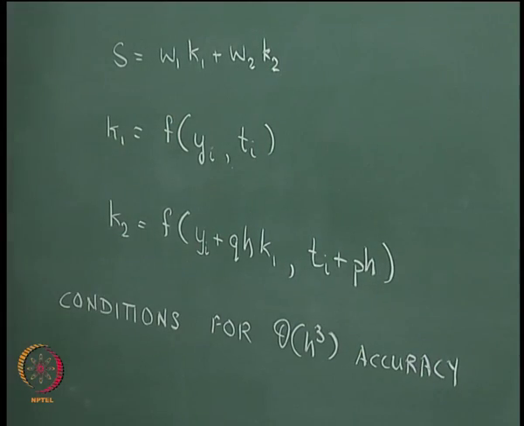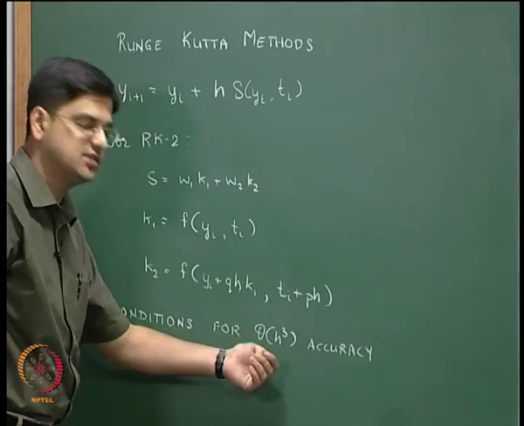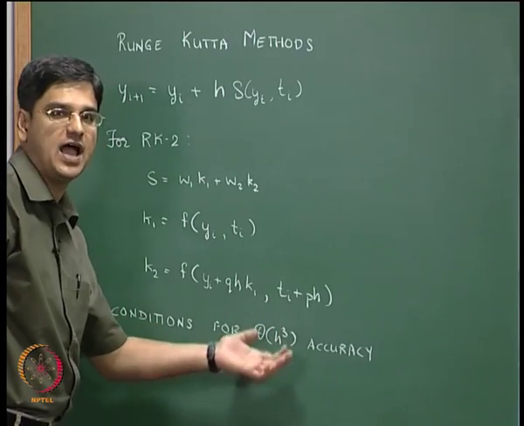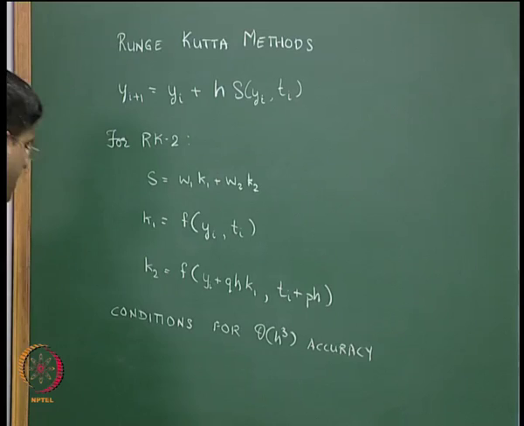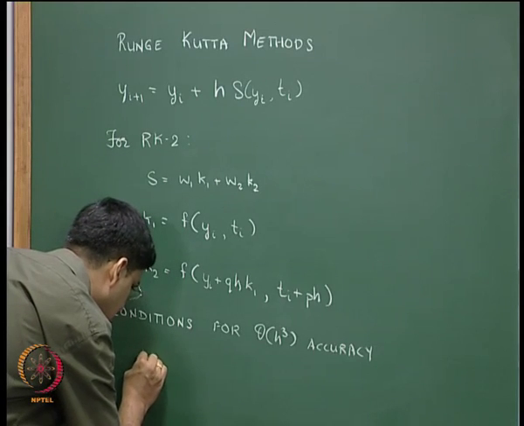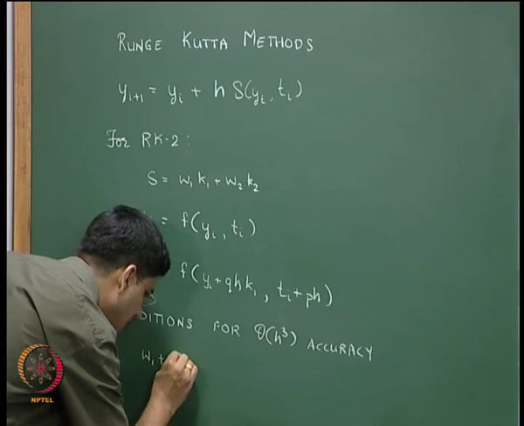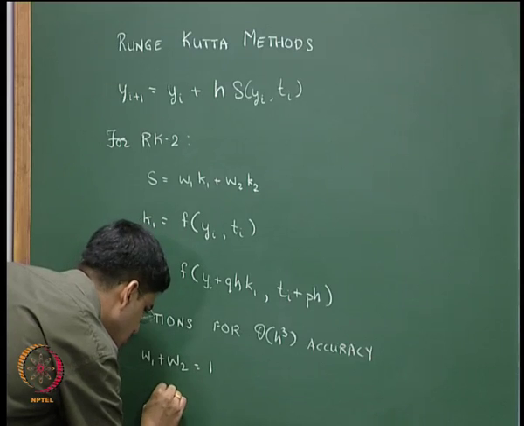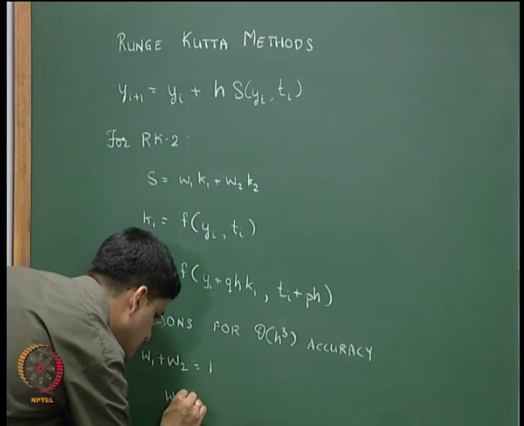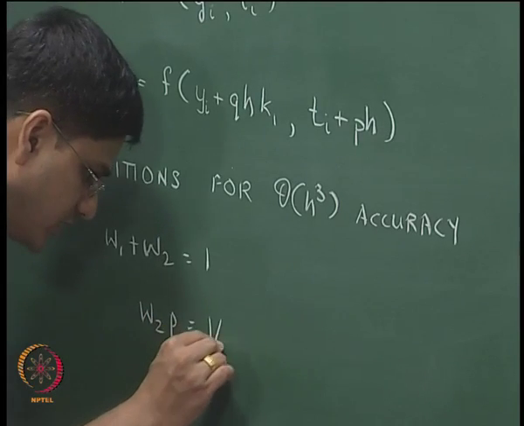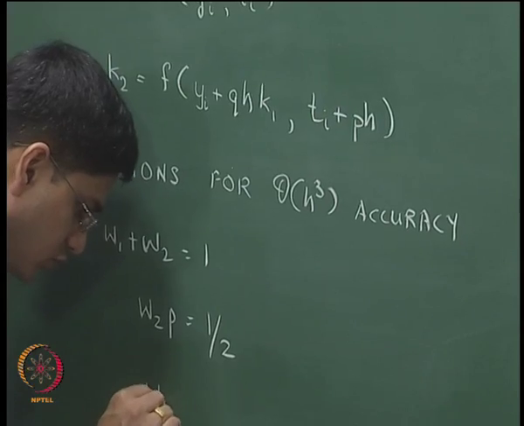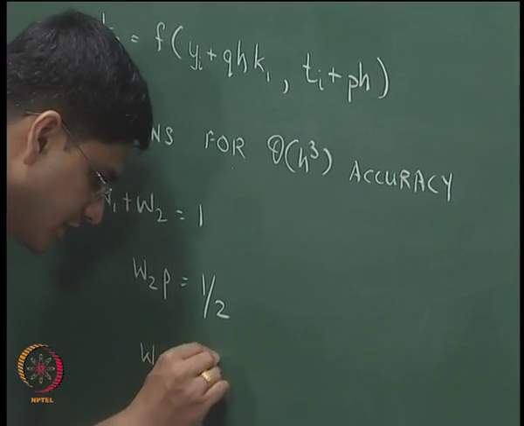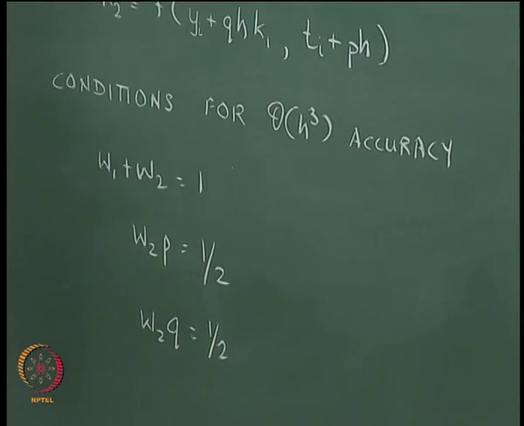okay, we derived a certain set of conditions for the RK2 method, and those conditions gave us the order of accuracy as h to the power 3, and those conditions were w1 plus w2 equal to 1, w2 times p equal to 1 by 2, and w2 times q equal to also 1 by 2.